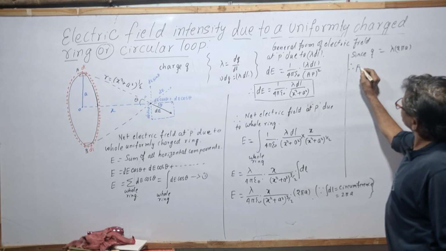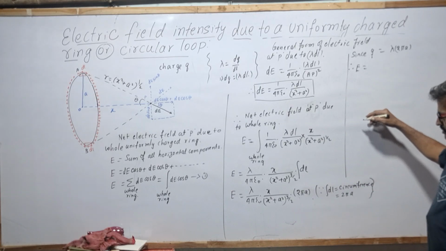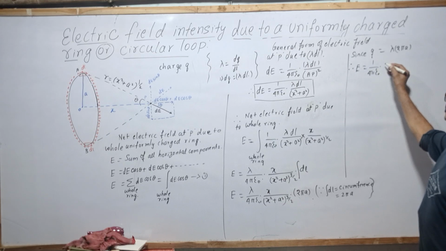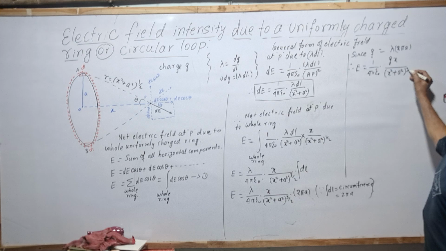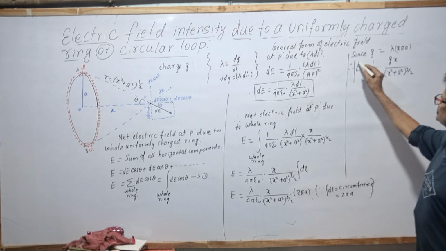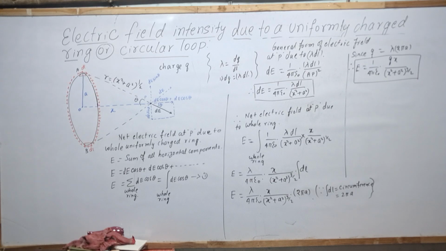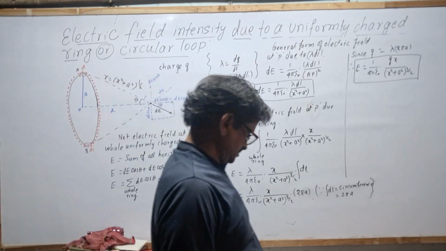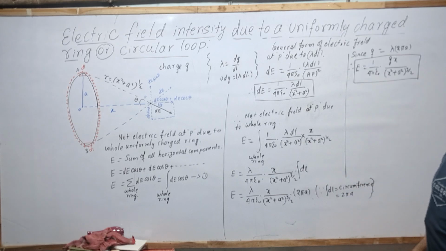Therefore this equation becomes E equal to 1 by 4 pi epsilon naught times qx divided by x square plus a square to the power 3 by 2. This is the total electric field due to that ring at point P. This is the exact derivation.